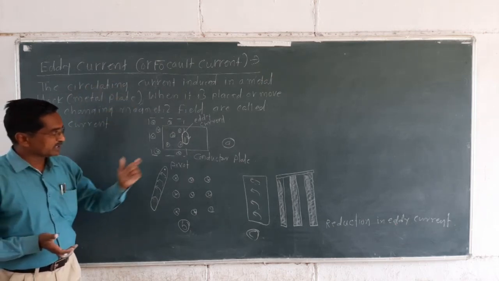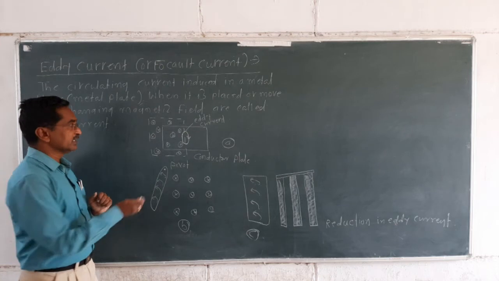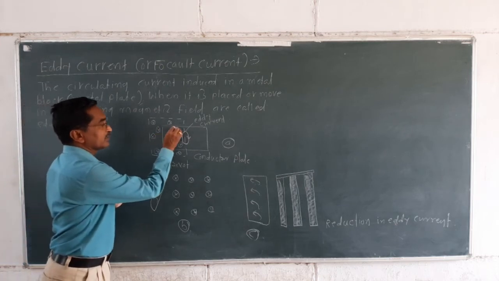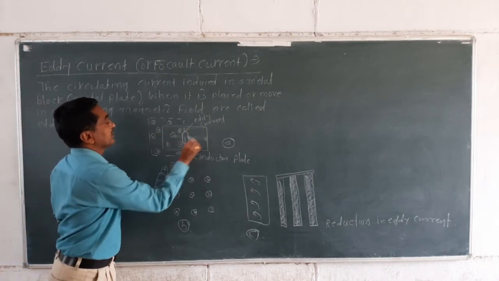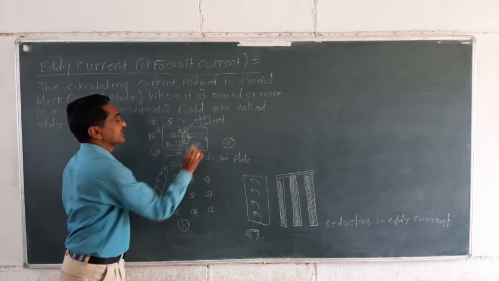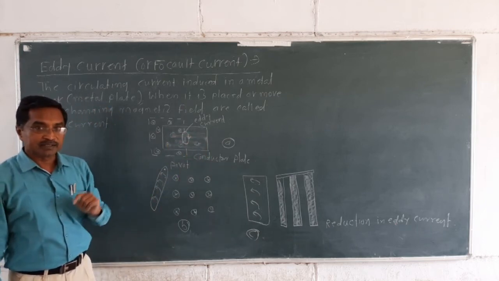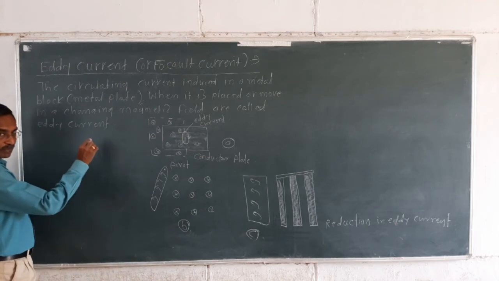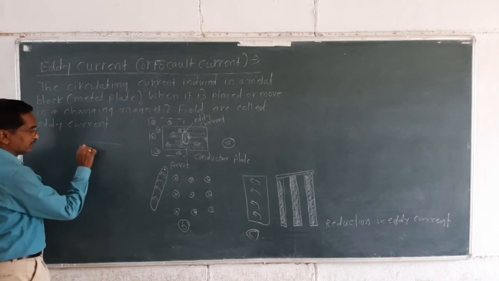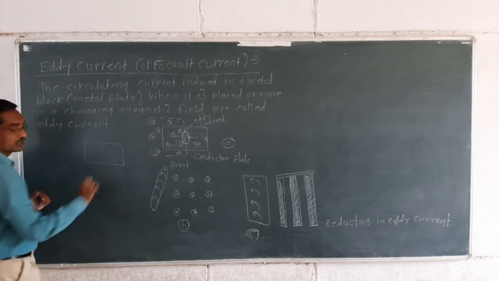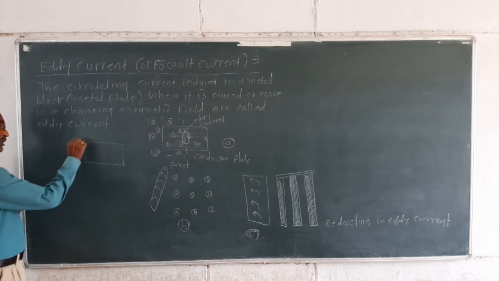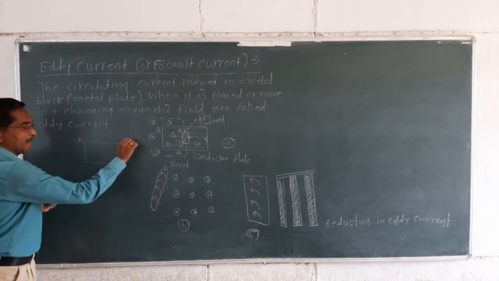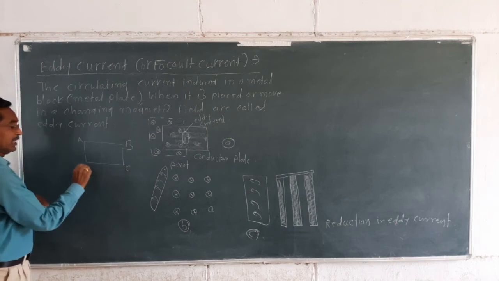Before we see the definition, here it is one plate of metal. There will be one plate of metal. Now, the main difference is that in the previous article, or up to this, we considered the loop and plate are different.